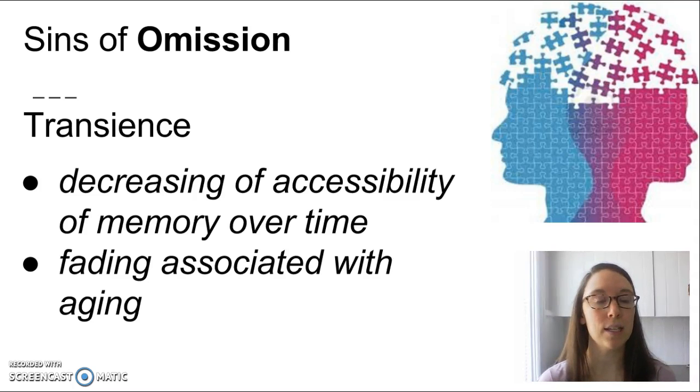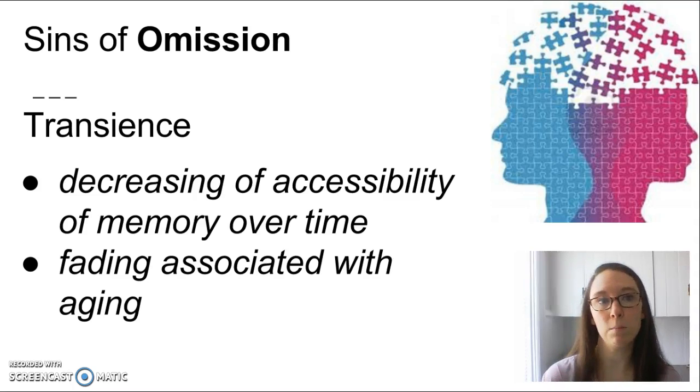A lot of transience and this decreasing of memory's accessibility is due to the natural aging process. But there can be some really severe instances of this, whether it's due to damage in your temporal lobes or to your hippocampus. Sometimes you can suffer from pretty severe amnesia because of this transient property.